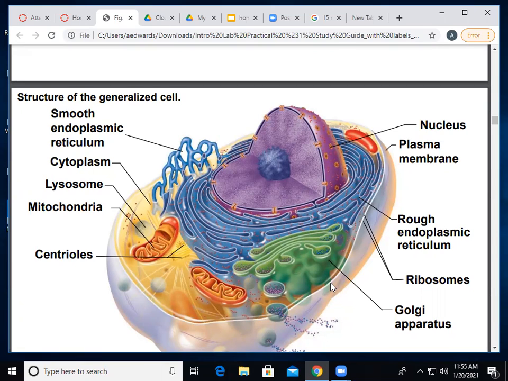I tell you that because rough endoplasmic reticulum has ribosomes, so proteins are made there. DNA is used to make RNA in the nucleus. It's called transcription. And then that RNA leaves the nucleus and comes to the ribosome to make protein. We call that translation. So this is transcription, this is translation.